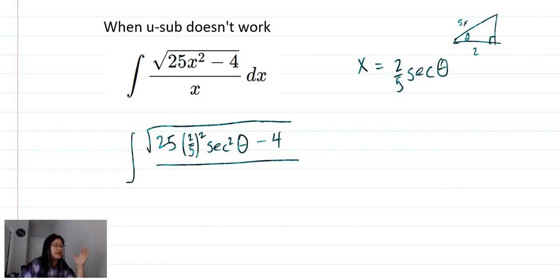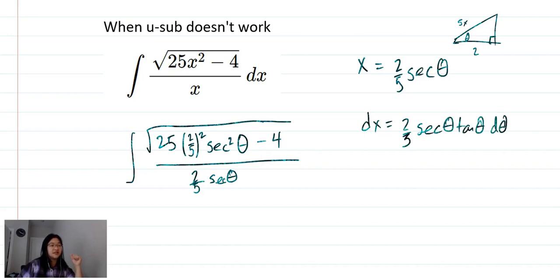And then divided by 2/5 secant theta, and then we have this dx, which is going to give us 2/5 secant theta tangent theta d theta.